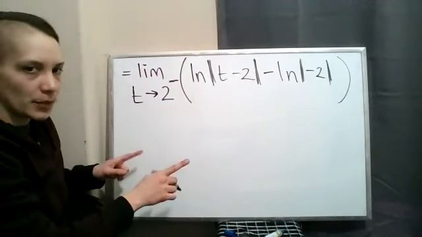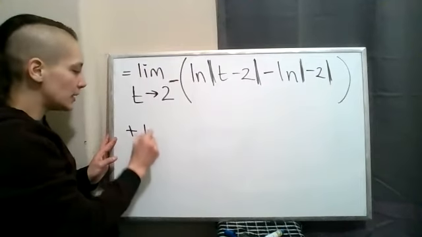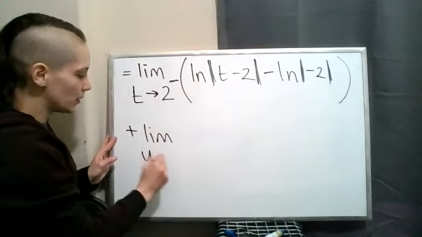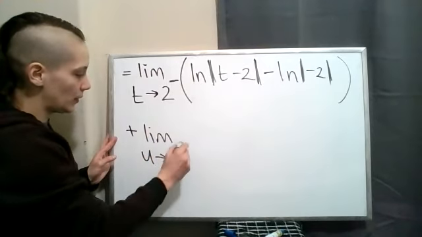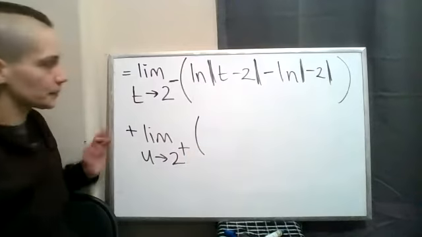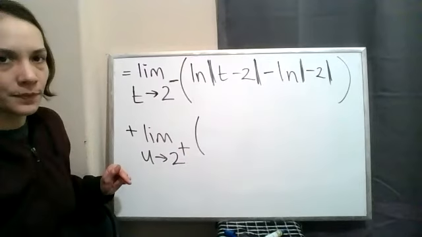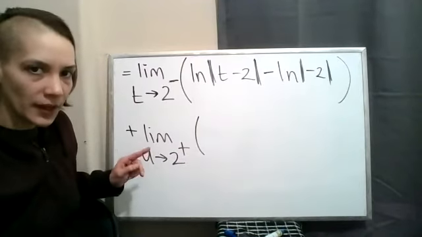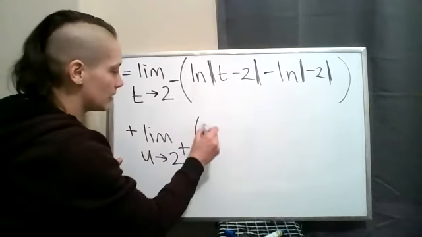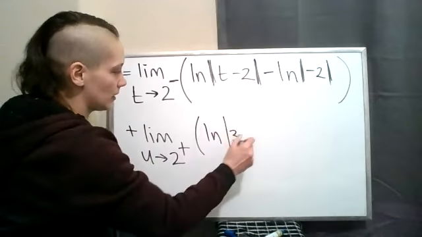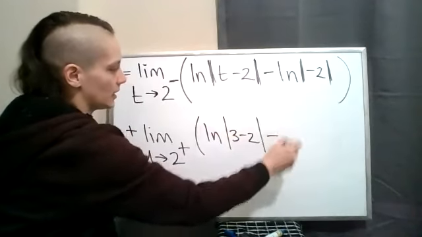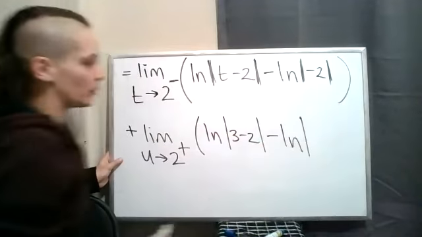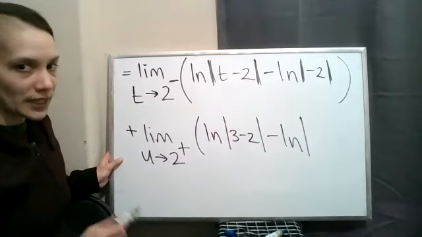And then there was that other part where we add the limit as u goes to 2 on the right of ln absolute value of 3 minus 2, subtract ln absolute value of u minus 2.